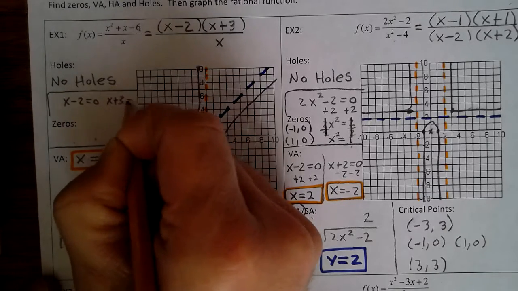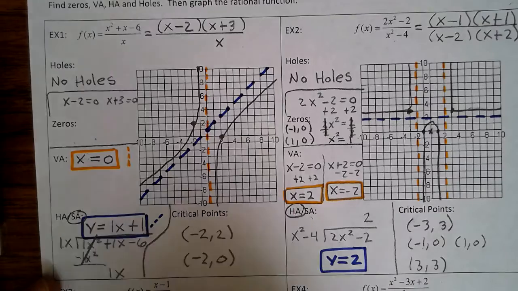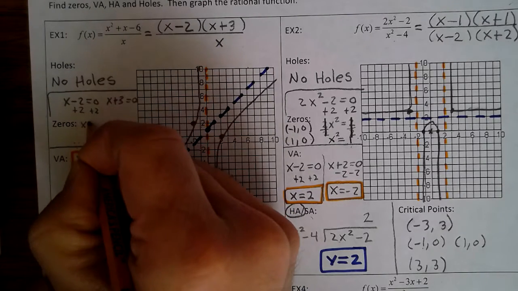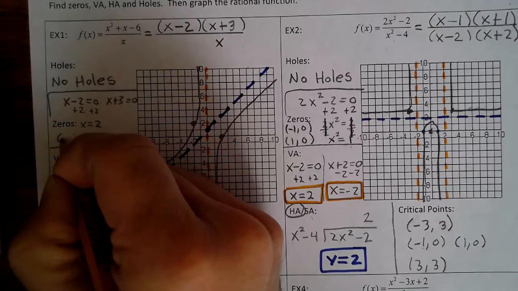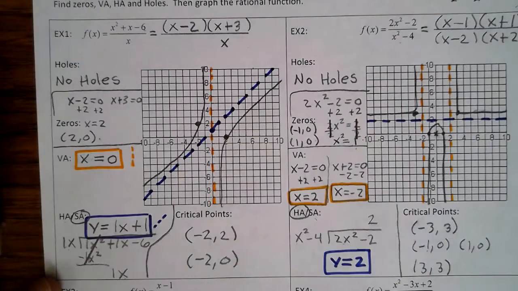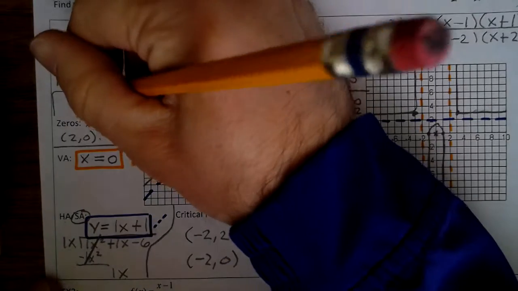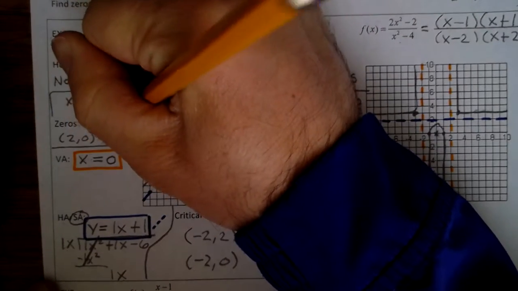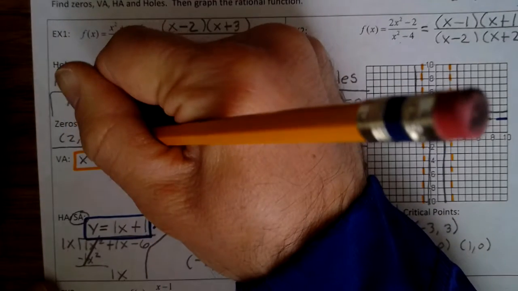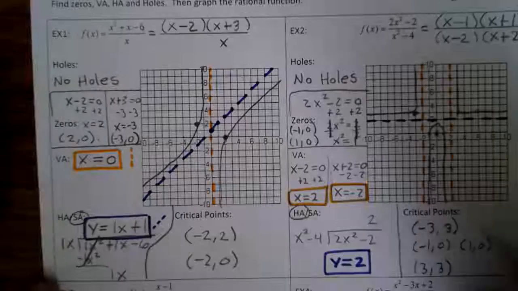So we have a zero at 2, 0, which makes sense. It's right there, one of our critical points. And here we subtract 3 from both sides, x equals negative 3. So we have a zero at negative 3, 0, and as we do the curve, we pretty much hit it.